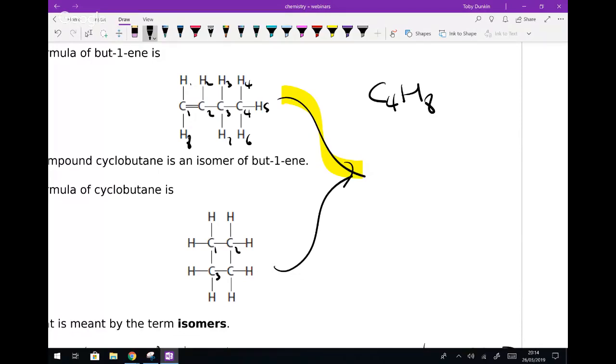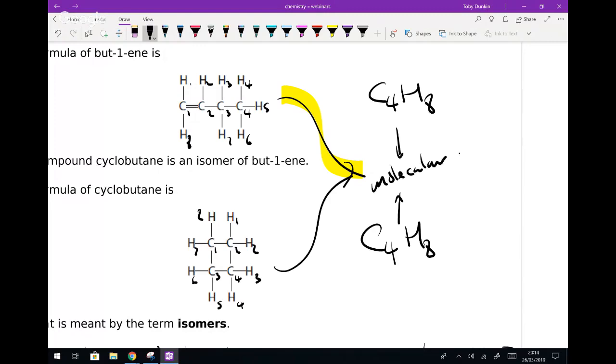I've got 1, 2, 3, 4 carbons, which is C4, and H's: 1, 2, 3, 4, 5, 6, 7, 8. These are definitely isomers. They have the same molecular formula, however, different structurals.